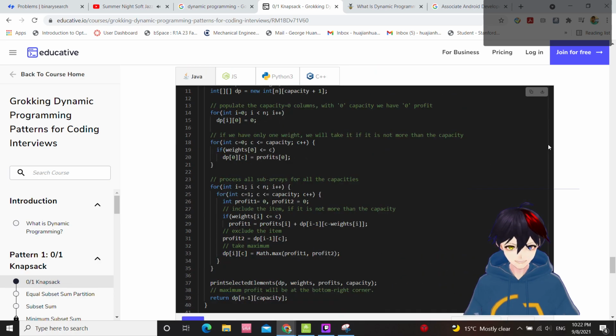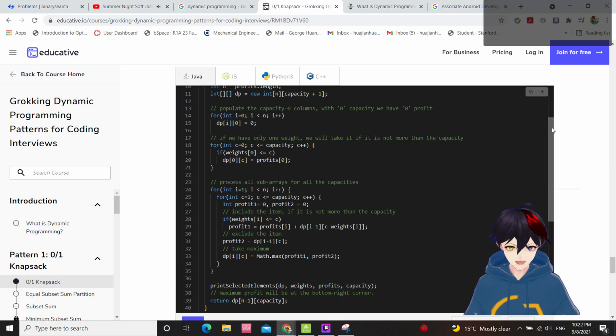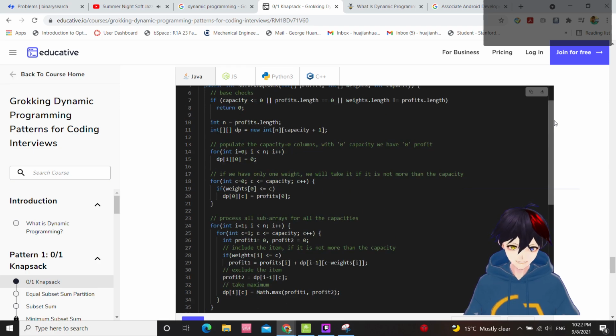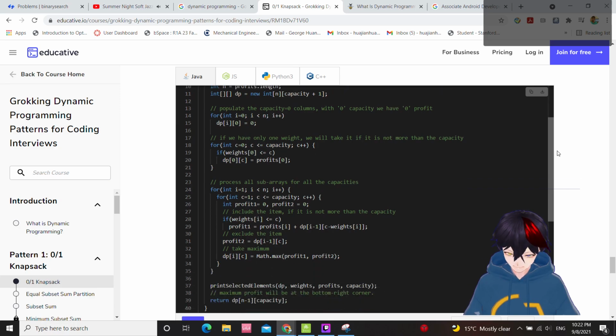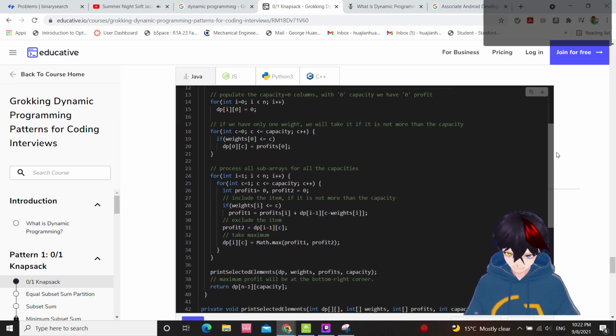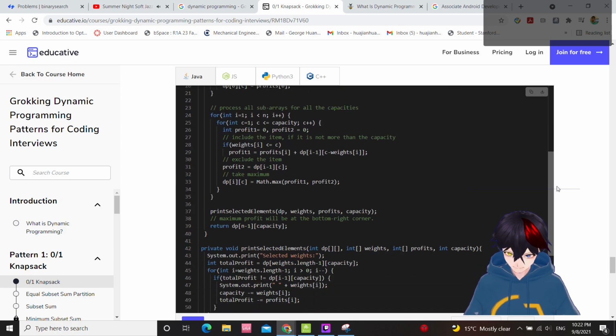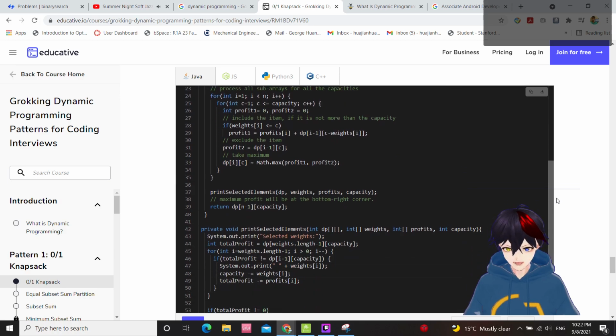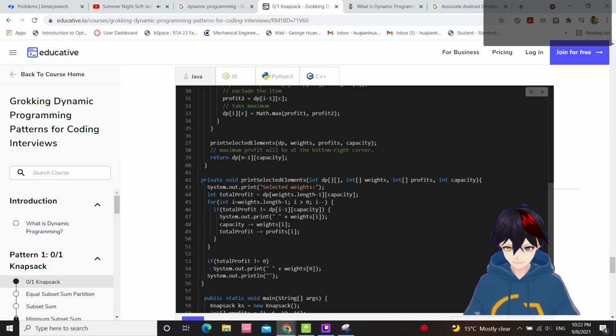I want to focus on the part that's on backtracking. And select the element.